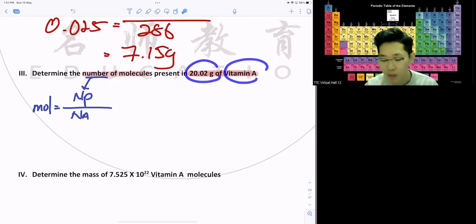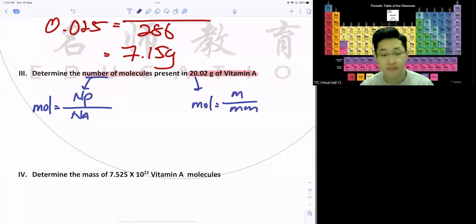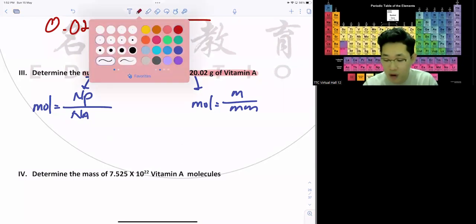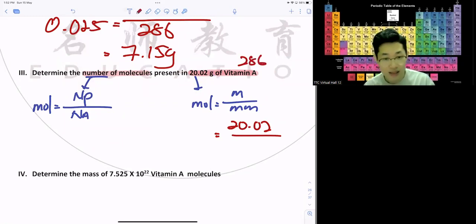Vitamin A, 20.02 gram, this is mass. So mass over molar mass. From the number given, we start to sub it in. 20.02 can be subbed into the mass, and the molar mass of vitamin A is 286, right?